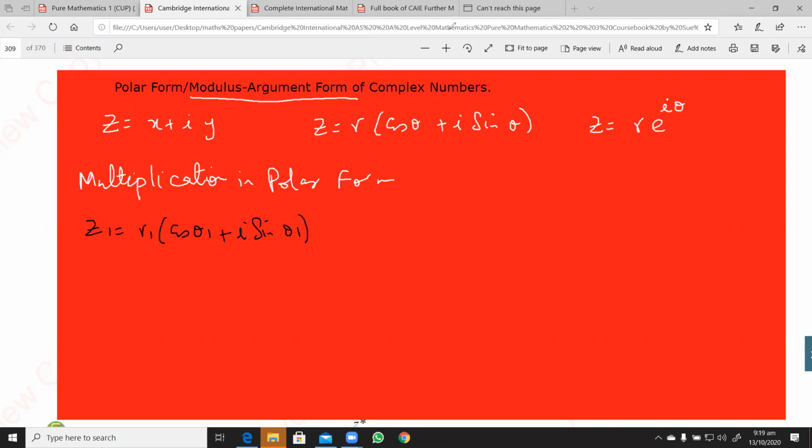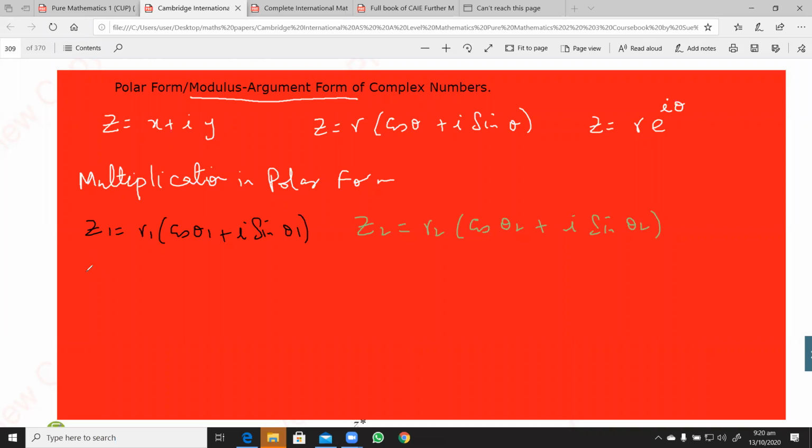And then there is another complex number z2, which is r2 cos theta 2 plus iota sine theta 2. So we have two different complex numbers. Z1's modulus is r1 and the argument is theta 1. Z2's modulus is r2 and the argument is theta 2.